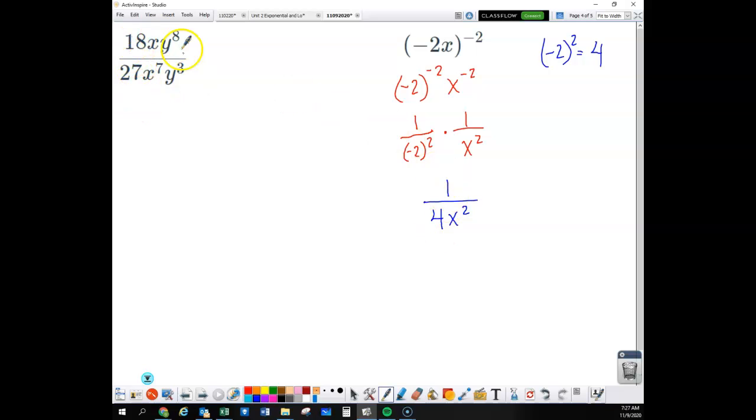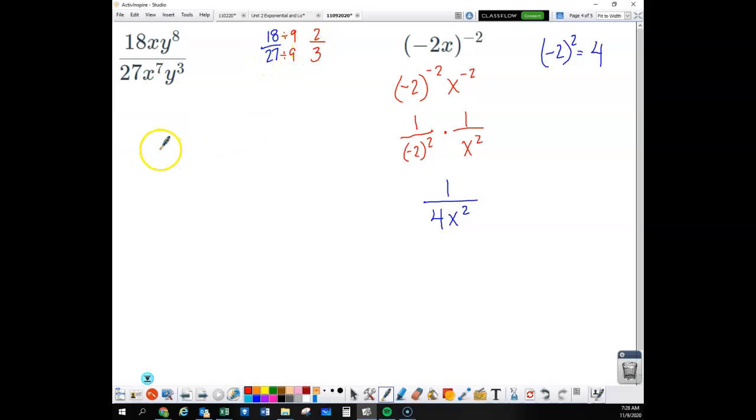Right, so if I come over here and do the quotient one, the 18 and 27 don't divide out, right? So I have to simplify the fraction. So 18 over 27, what can I divide by? 9. 18 divided by 9 is 2. 27 divided by 9 is 3.